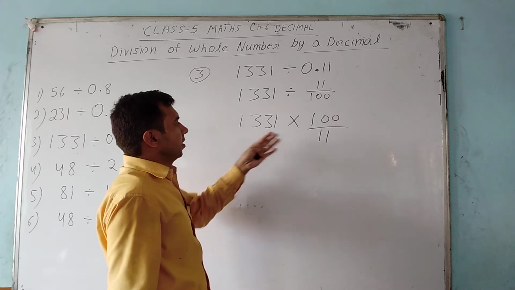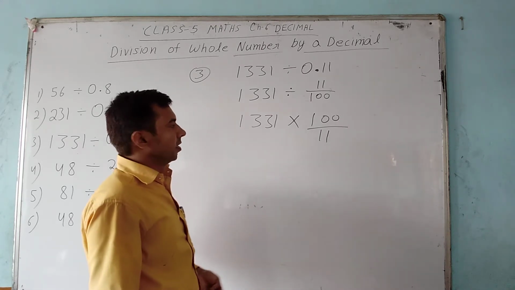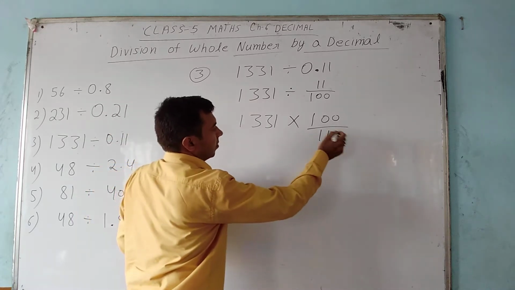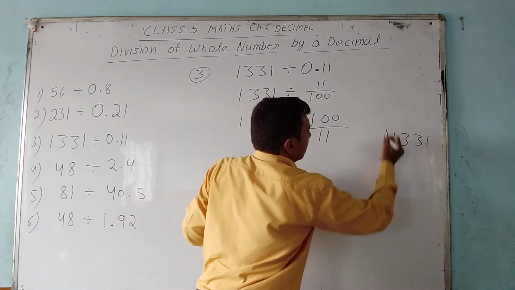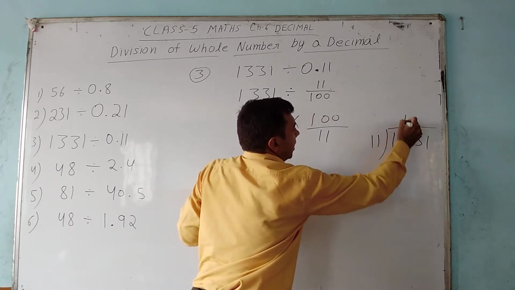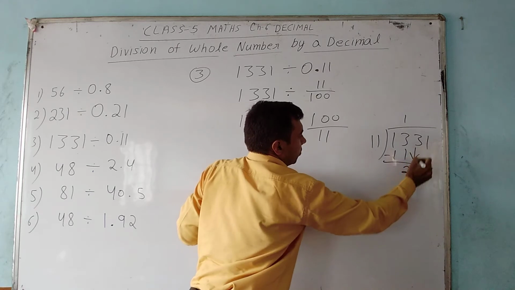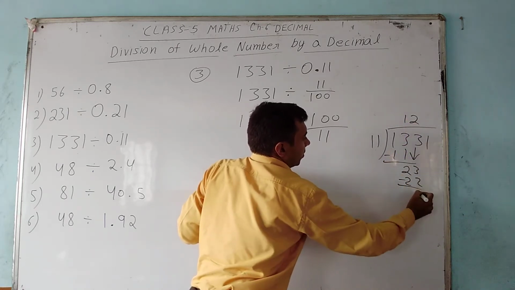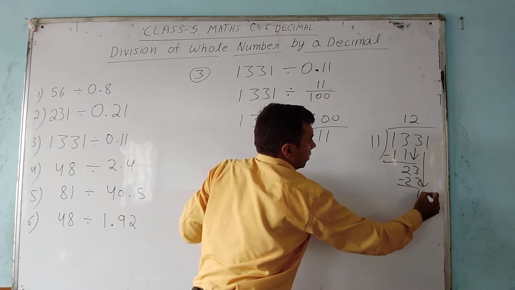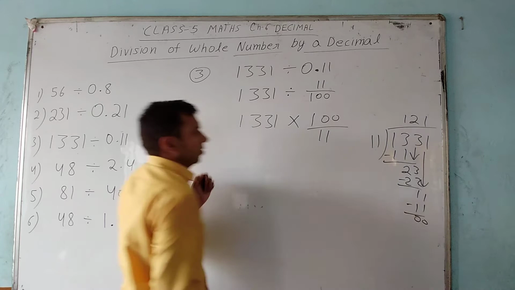Now student, we can cut this 1331 by 11 easily. 1331, 11 1 11, 3 minus 1 2, 11 2 22, 3 minus 2 1, 11 1 11, 0.